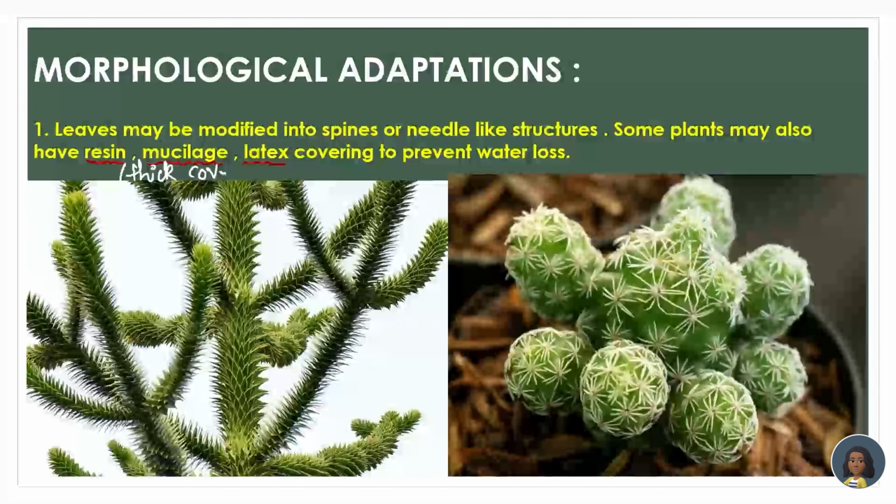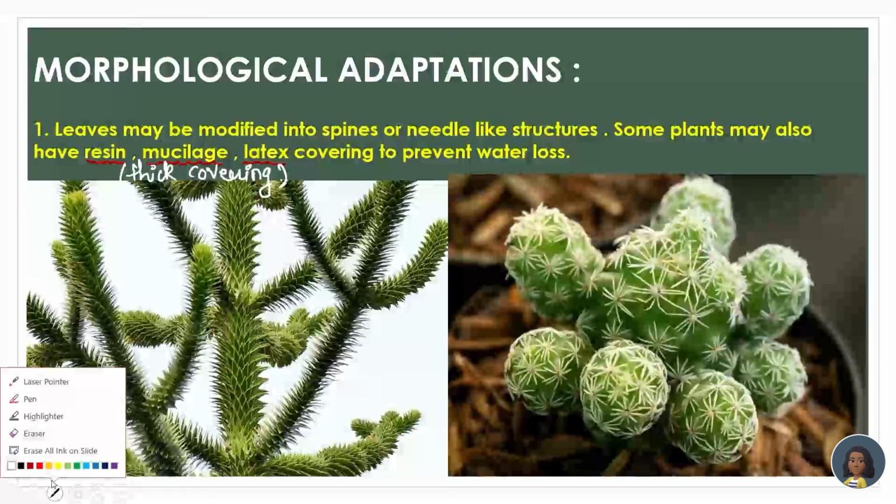Now, whenever the leaves of these plants will be modified into these structures, then the surface area is going to reduce. And when the surface area is going to reduce, then transpiration is also going to reduce. Hence, they can prevent themselves from going through excess transpiration.